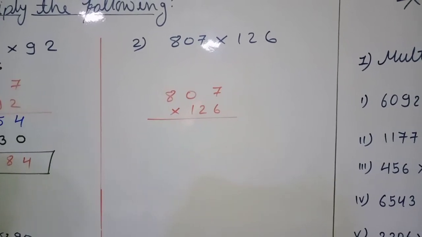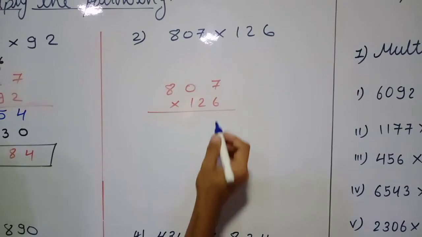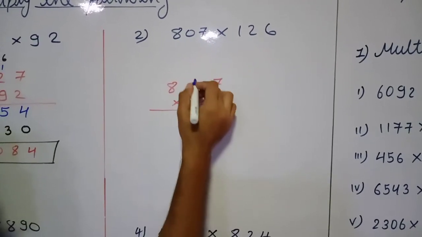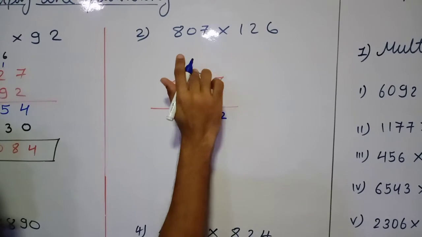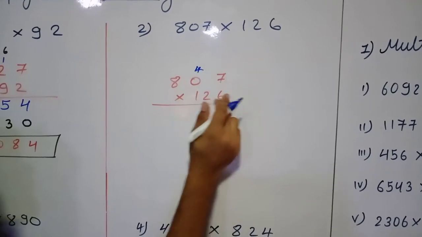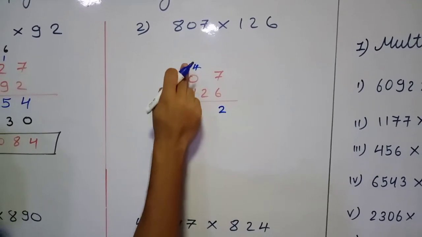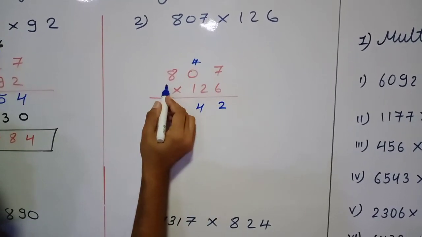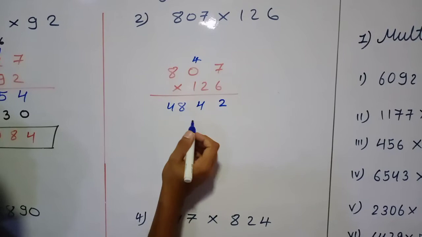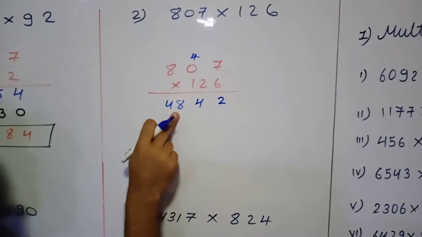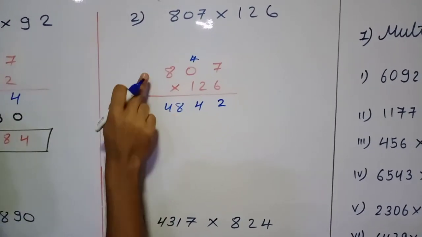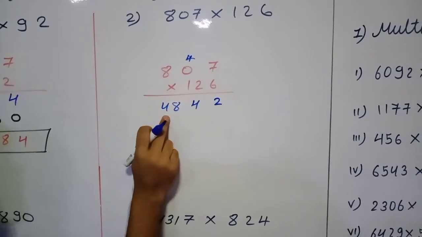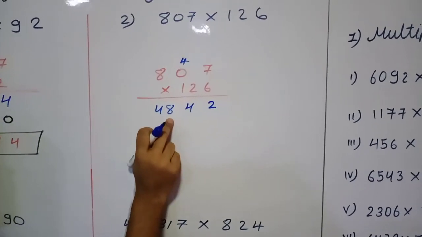Let's start. 6 sevens are 42. 2 will be here and 4 carry. 6 zeros are 0 plus 4, that is 4. 6 eights are 48. Why should I write both digits of the 48 here? Because before the 8 we don't have any digit, so we can write both here only.